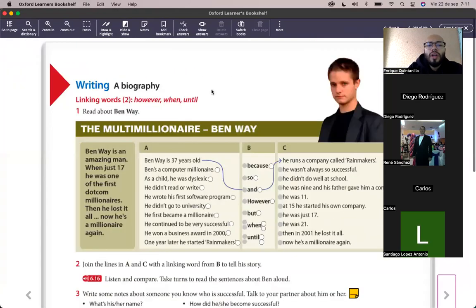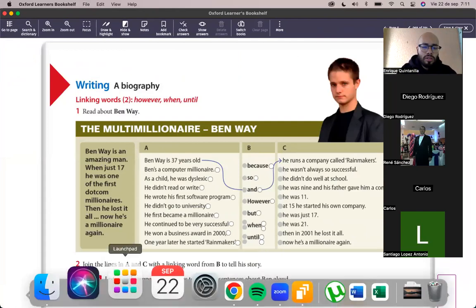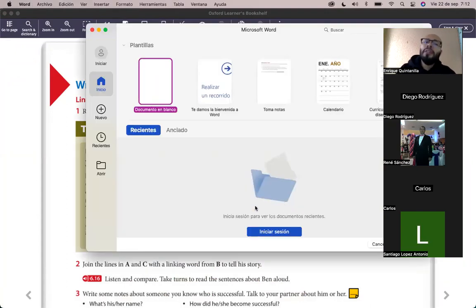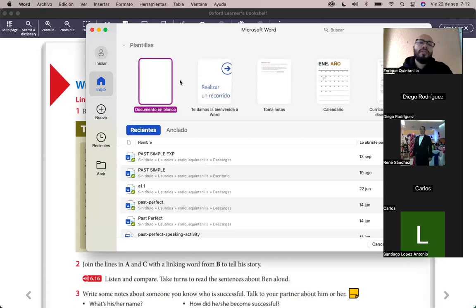Yesterday, we were explaining the connectors, conjunctions, linking words. It has several names. So what is a connector?